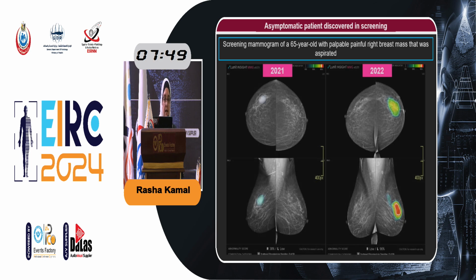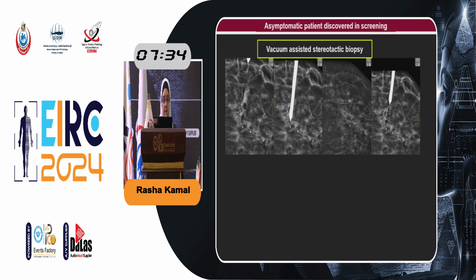We compared the AI in 2021 and 2022, and AI is very sensitive to microcalcifications, and definitely these calcifications were not present in 2021, and they were newly developed in 2022, which further raised the suspicion.